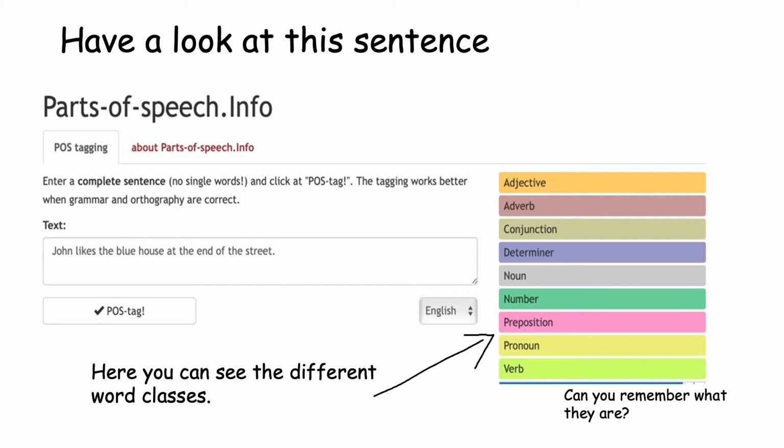The is a determiner. End of the street. The end of the street, it's at the end. So the word end is a preposition. And the is a determiner, and street is the noun. Let's see if we got that right.